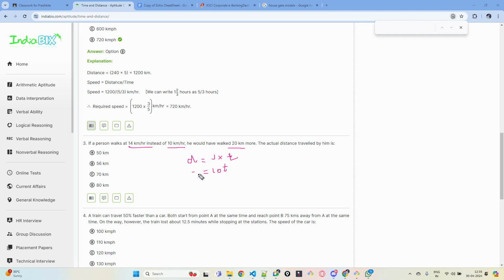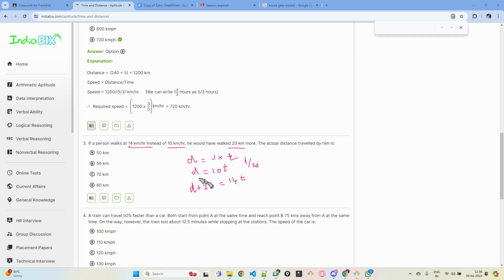This is the distance it covers. But if it travels at 14 kilometers per hour, it can cover 20 kilometers more. So d plus 20 is equal to 14 into t. From this, what is t? In the first case, t will be d by 10. In the second, t is d plus 20 by 14.